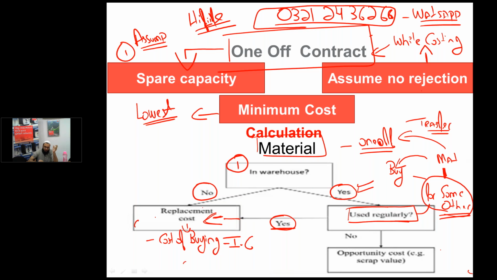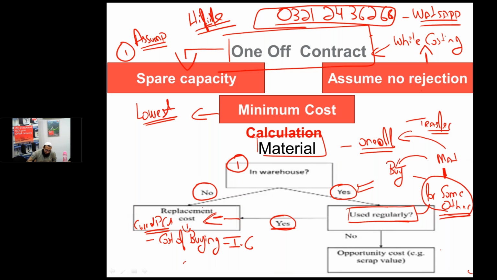So guys, you will buy this material for some other work, and you will charge that purchase cost, the replacement cost, to the one-off contract, because all this happened because of the one-off contract. Got it? Is this clear?